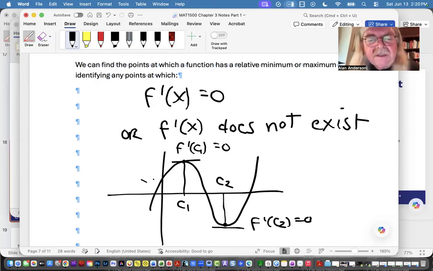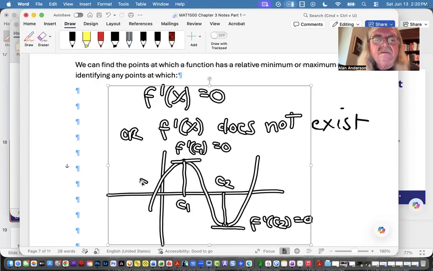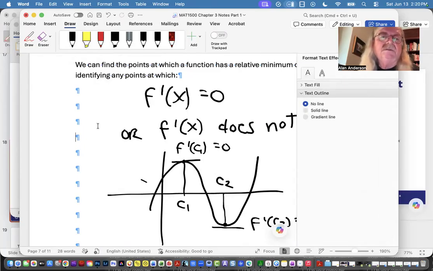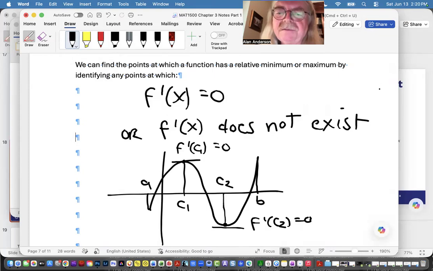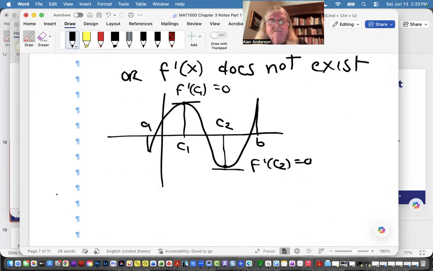And let's say we're only looking at the interval, from, let's say here's A and here's B. Well, yes, of course, you can see those are the relative extrema.